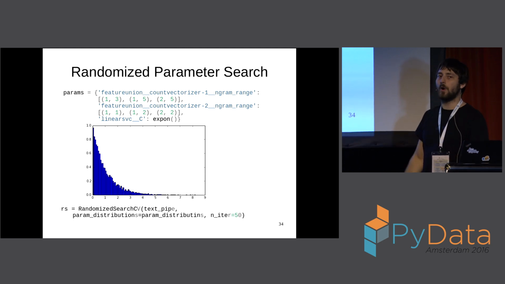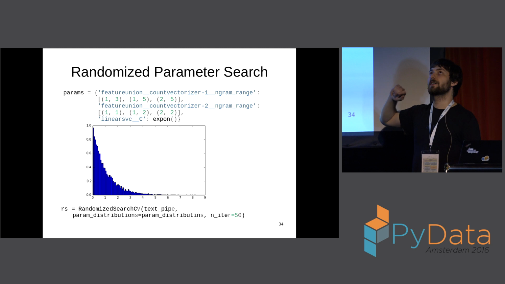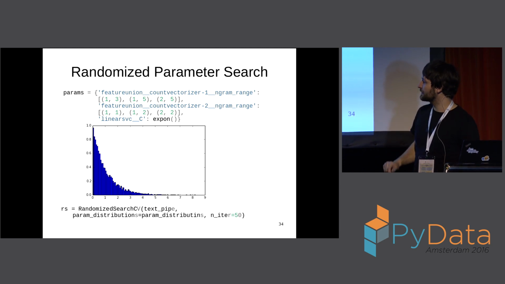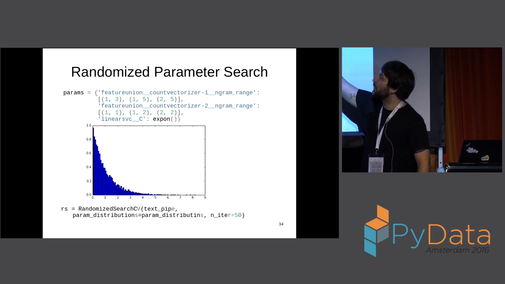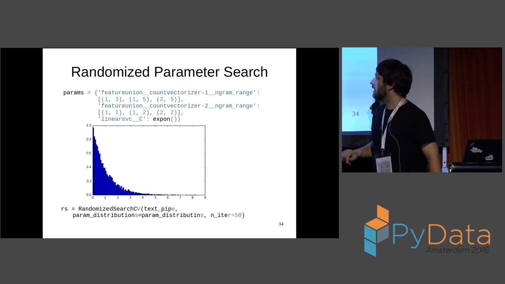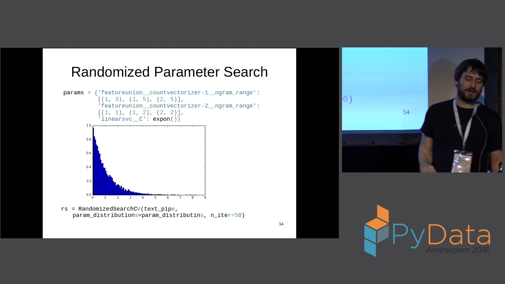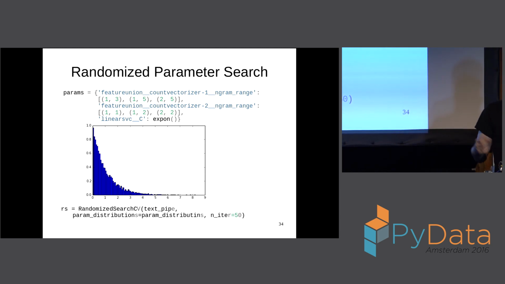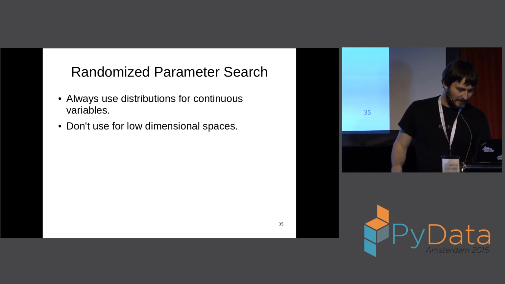There's also all the other distributions, and it just uses the RVS function of these. So it gives this dictionary from parameters to distributions, and then there's how many iterations I want to run. And the rest is just as in grid search.